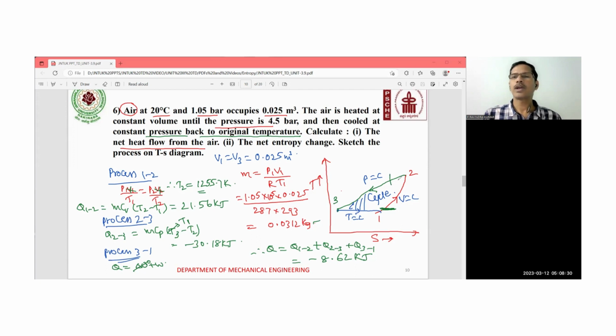When you work on this particular side, that is the first bit, the net heat flow from the air.